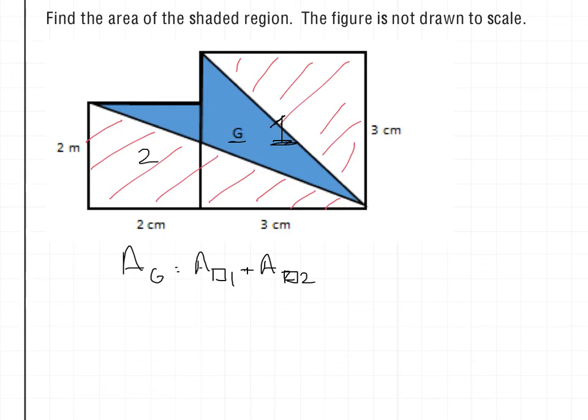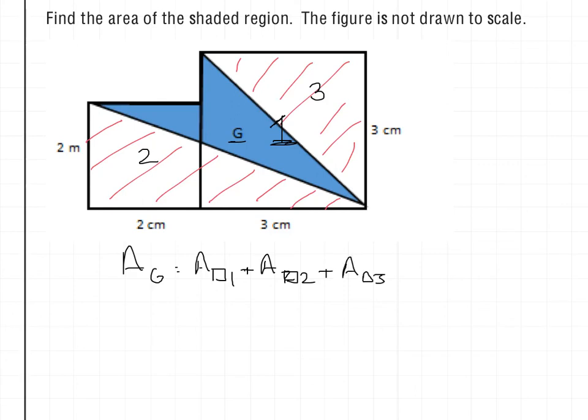we'll call this one rectangle 2, and then we took away these two triangles that I have labeled here in red. So we'll call this triangle 3, just so I don't get it confused with the numbers from my rectangles.